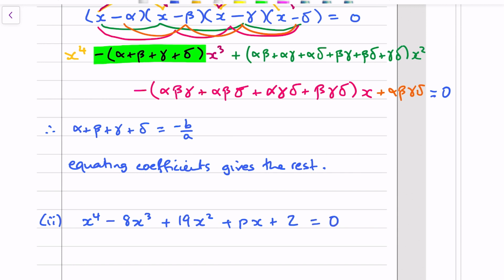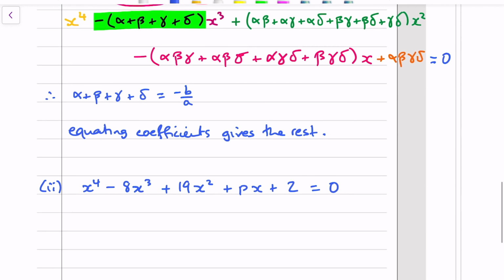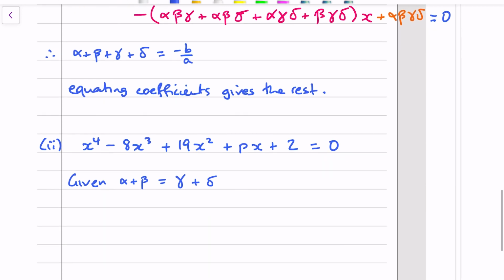So if I first start off with the information from the problem, which is that alpha plus beta equals gamma plus delta, it doesn't matter which two roots I use for this, but the two roots added, alpha plus beta, is the sum of the other two, and I can use these relationships.